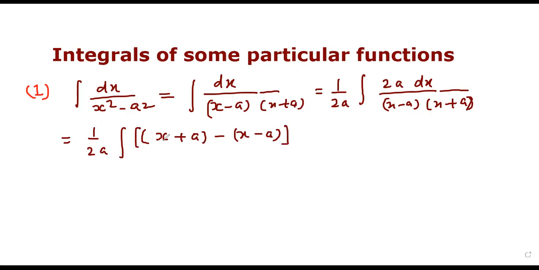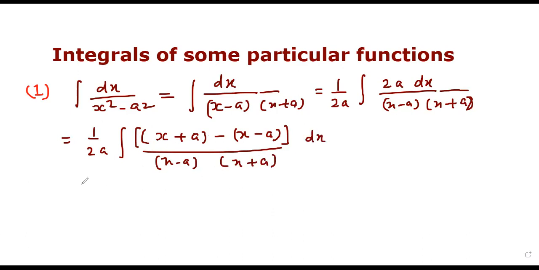The effect will remain the same because x will get cancelled and a plus a will remain 2a, whole divided by x minus a into x plus a, times dx.